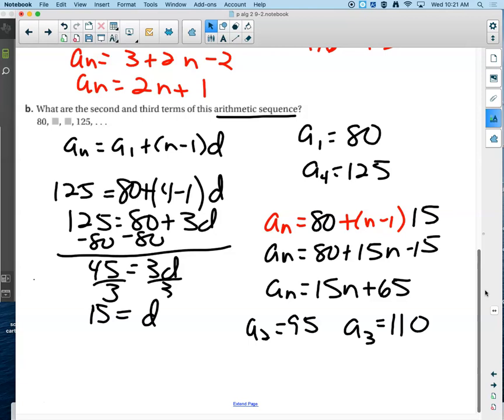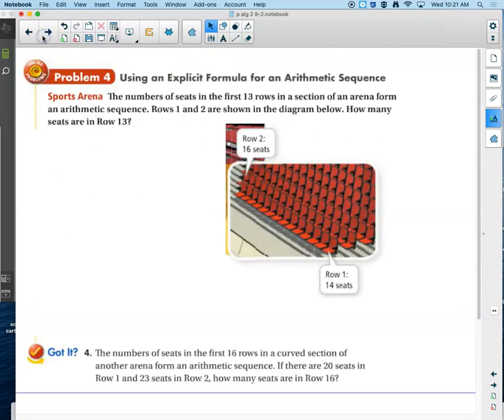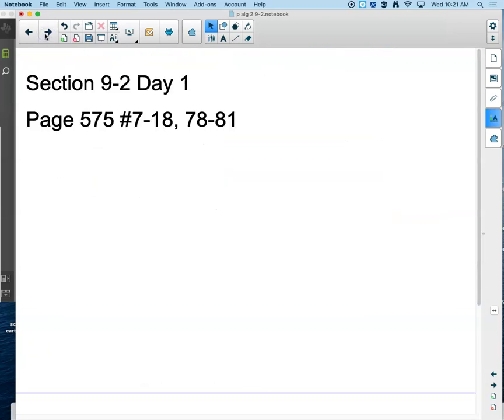And that, I think, is where I'm going to stop today, because it's a new formula, and I want you to get used to it. So, a little practice with our new arithmetic sequences.